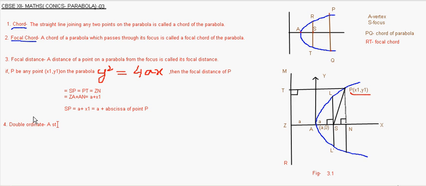It is a straight line drawn perpendicular to the axis of a parabola and terminated at both ends by the curve is a double ordinate.